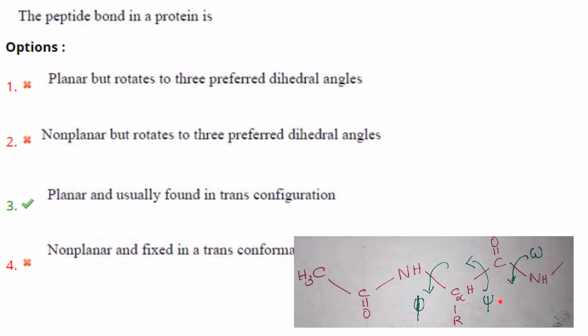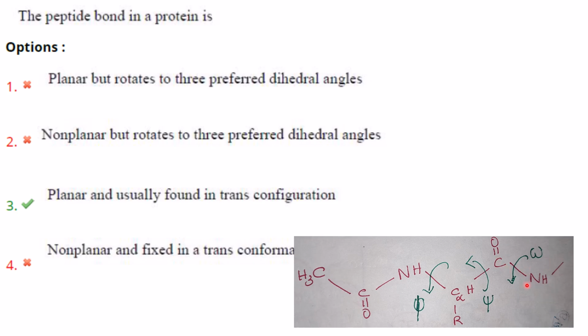But rotates to 3 preferred dihedral angles. It is planar, but it doesn't rotate freely due to the partial double bond character. Between the N and C alpha you have the phi dihedral angle, and between C alpha and C you have the psi, and for the peptide bond there is the omega.